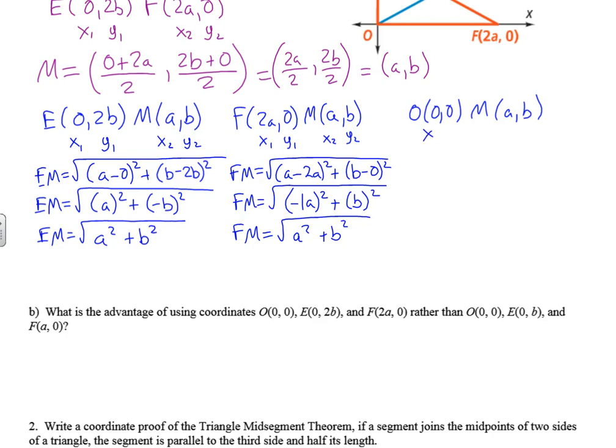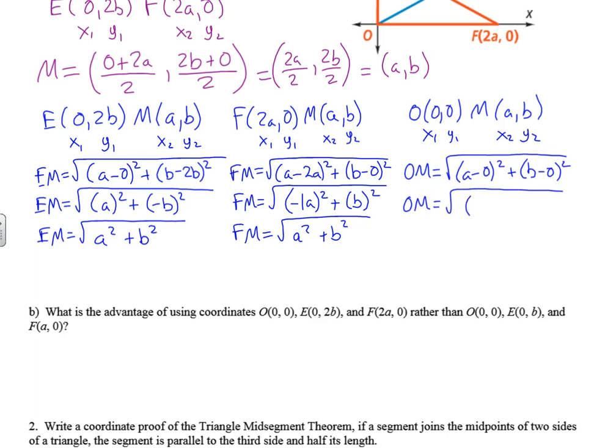Okay, so then the distance of OM is the square root of a minus 0 quantity squared plus b minus 0 quantity squared. So OM is going to be the square root of a squared plus b squared.